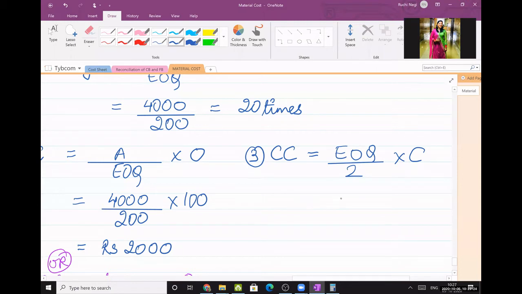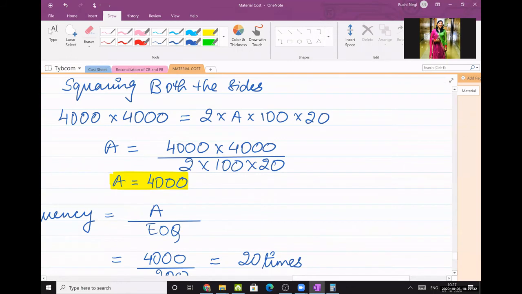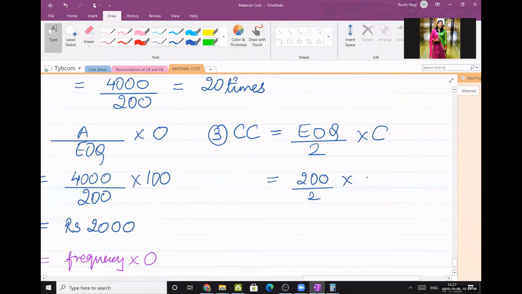So EOQ is how much? 200, upon 2 into C. How much did we calculate C? 200. No, sorry, 20. So 20. Just check. 200 divided by 2 into 20. Yeah, my answer is correct. 2000.